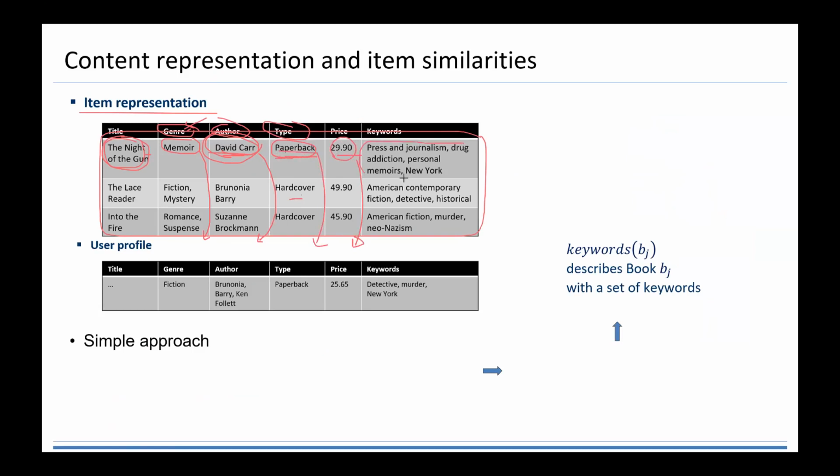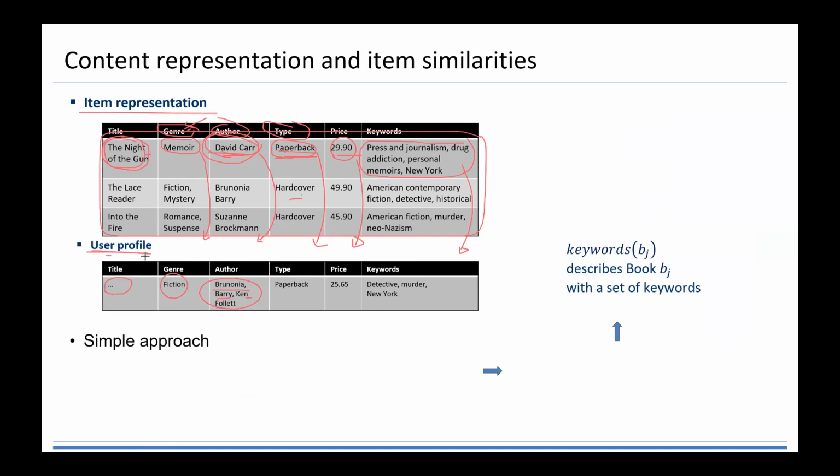Or we can also look at the keywords. So the keywords are also one of the things we can look at for similarities. It's also related with the user profile, so we can build the user profile. For example, this user likes any book related to fiction. This user likes books where the authors are Bruno Rina, Perry, and Ken Follett.